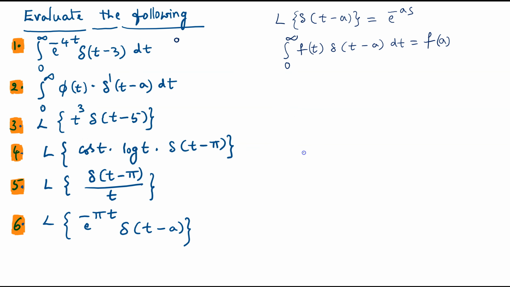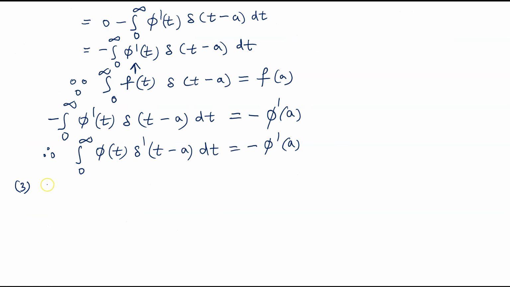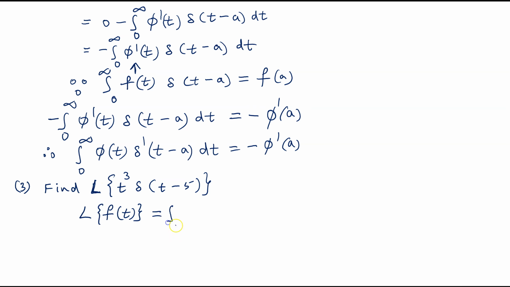Now let us see the third question: find the Laplace transform of t cube delta of t minus 5. To solve this question, before applying this property, we have to apply the basic definition of Laplace transform, which is L of f of t equal to integral 0 to infinity e power minus st f of t dt.